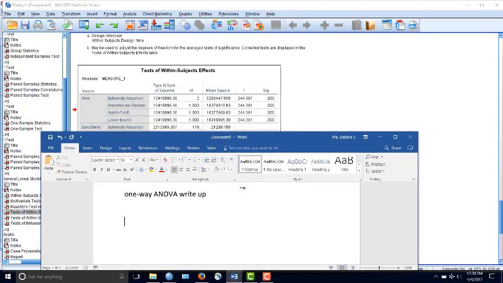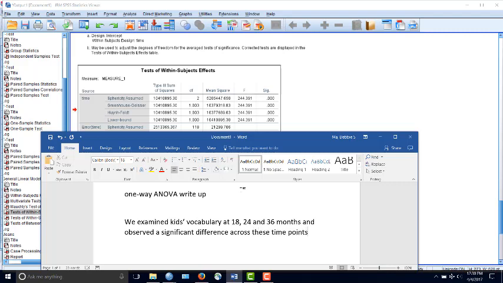I'm going to say we examined kids' vocabulary at 18, 24, and 36 months, and observed a significant difference across these time points.